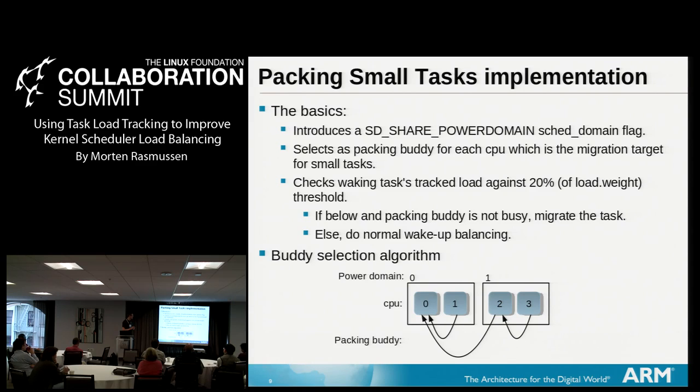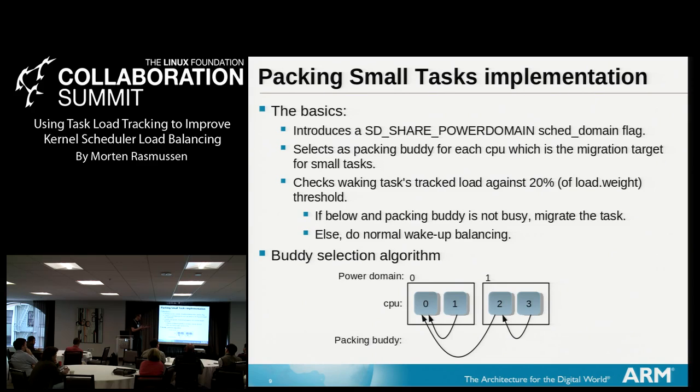And the idea is that you can have a setup like the one I have illustrated here at the bottom. This is a 4-core system where you have two power domains. CPU 0 and CPU 1 are in one power domain. 2 and 3 are in a different power domain. The idea is that, for example, if CPU 3 sees a small task which it thinks should be packed, it can put it on CPU 2, which in turn, if it sees a small task and sees that CPU 1 is not overloaded, can put it there.